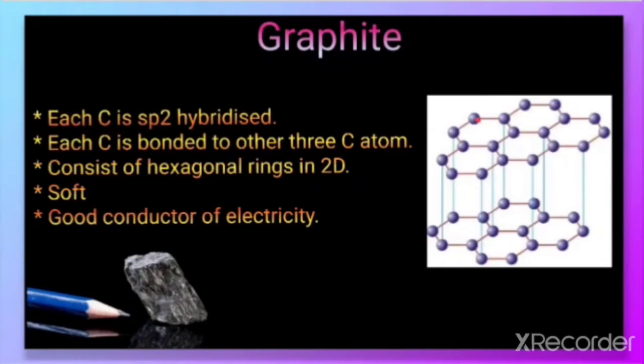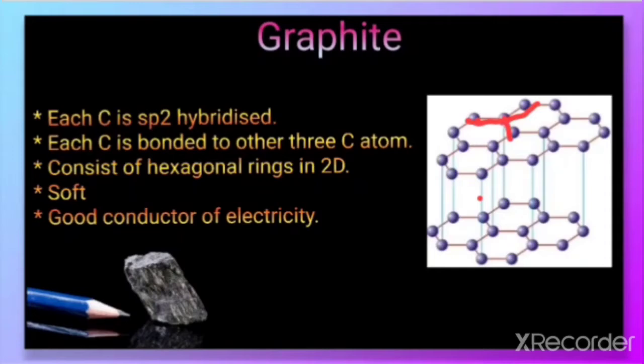That is, each carbon atom in the hexagonal rings undergoes sp2 hybridization and makes 3 sigma bonds with 3 other carbon atoms. As is shown here, each carbon is sp2 hybridized and makes a covalent bond with the 3 other carbon atoms. But the fourth electron forms a pi bond with the other ring.